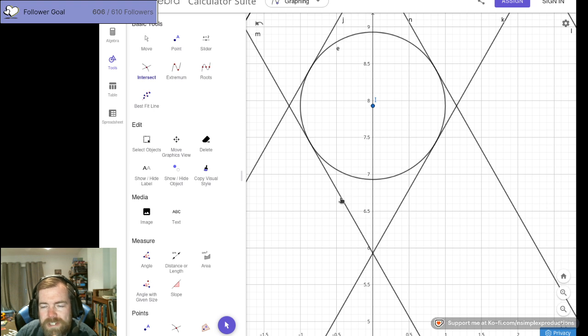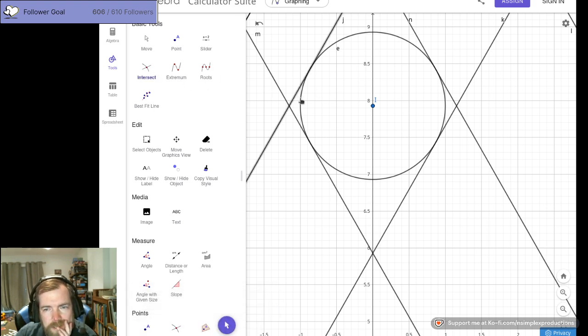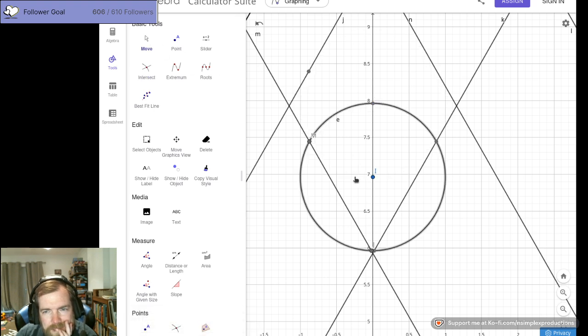Yeah, no intersection between those because it's really close, but it's not quite right. Right, what about the intersection between that and that? Yeah, I got 2 points. Oops.